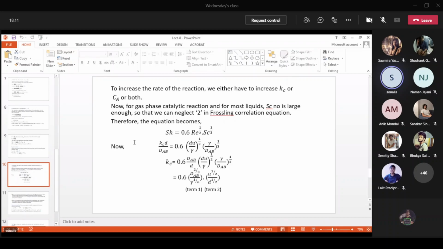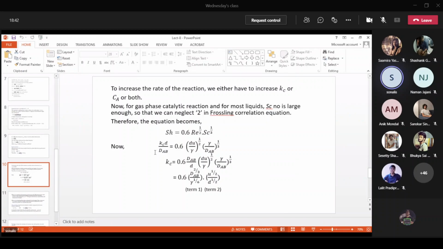In that, this 2 we can neglect. 2 is very small compared to the next part of the equation when the Schmidt number is large, as for most gas phase catalytic reactions and liquid phase reactions. Then we can neglect 2 in the Frossling correlation, and it becomes Sherwood number is equal to 0.6 Reynolds to the power half Schmidt to the power 1/3.